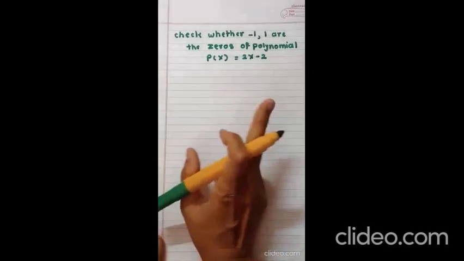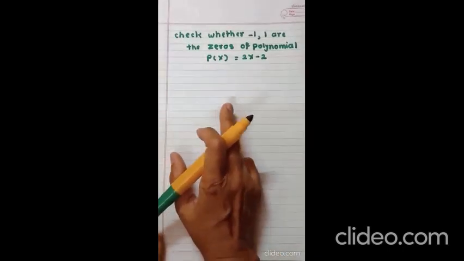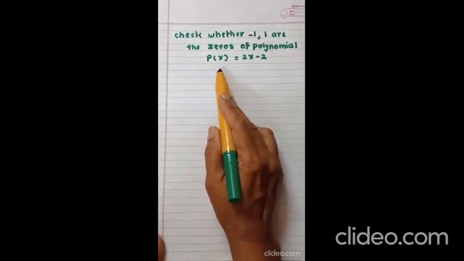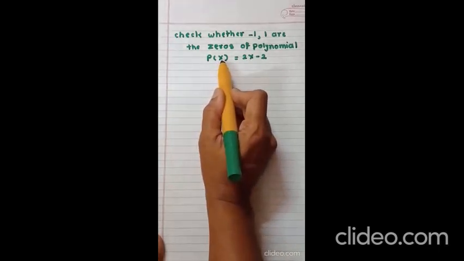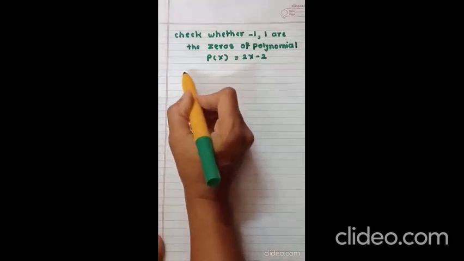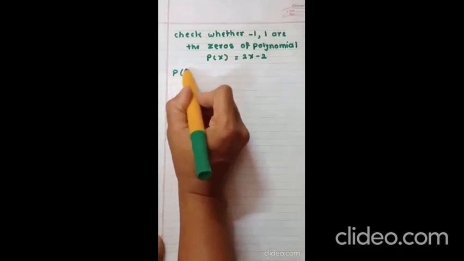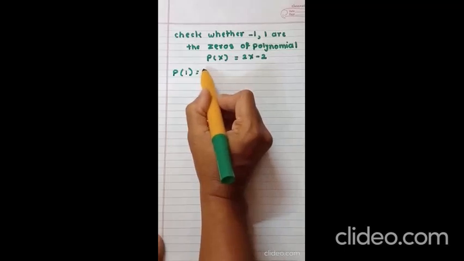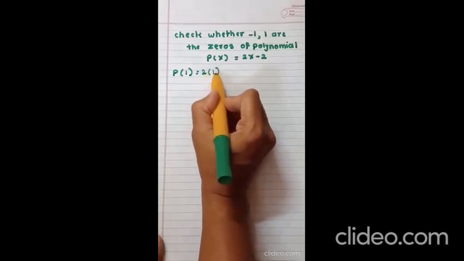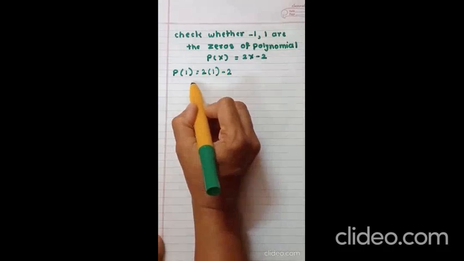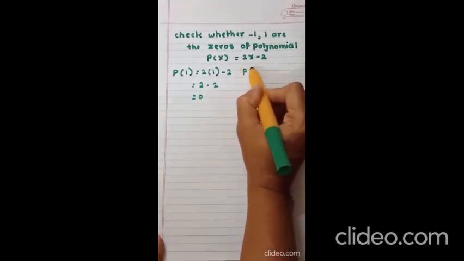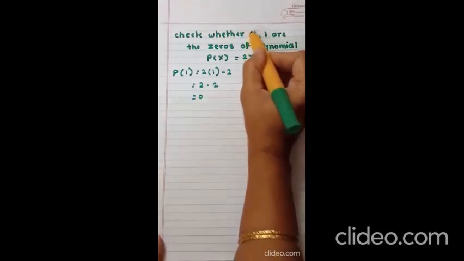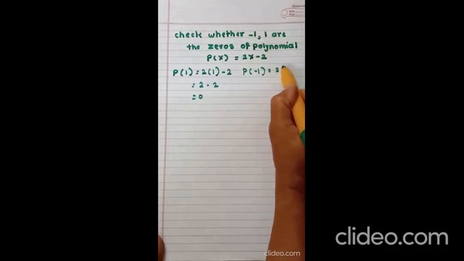Now check whether minus 1 and 1 are the zeros of the polynomial. The polynomial is px, 2x minus 2. So replace the value of x with minus 1 and 1. So p of 1 will be 2 into 1 minus 2. You get 2 minus 2, 0. P of minus 1, here replace minus 1. 2 into minus 1 minus 2.